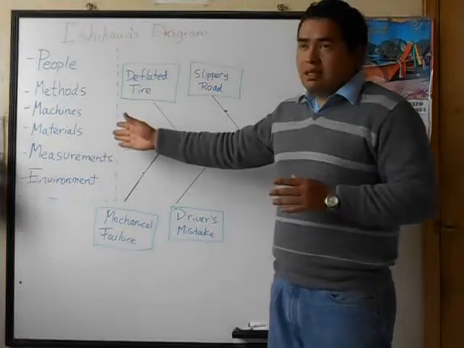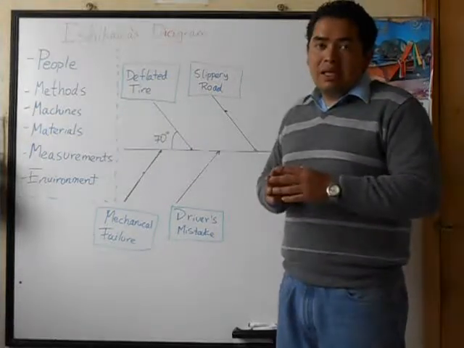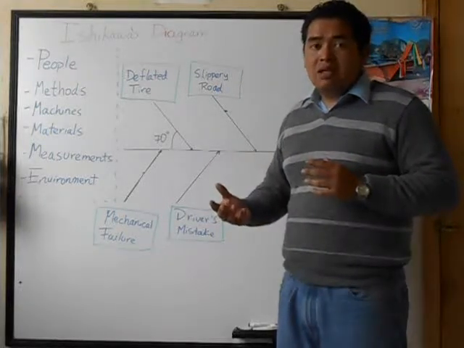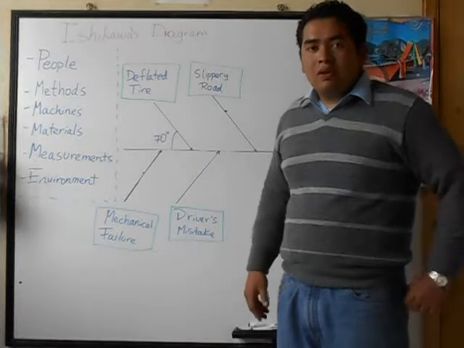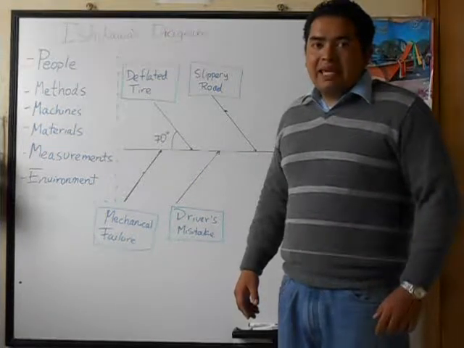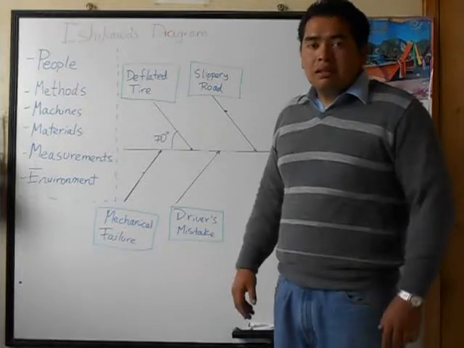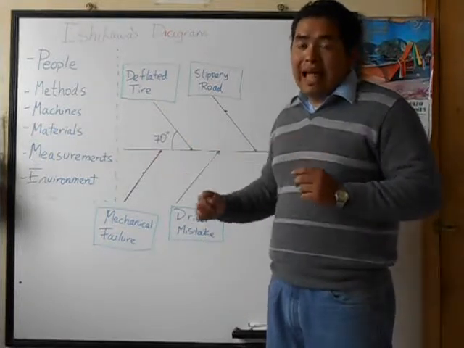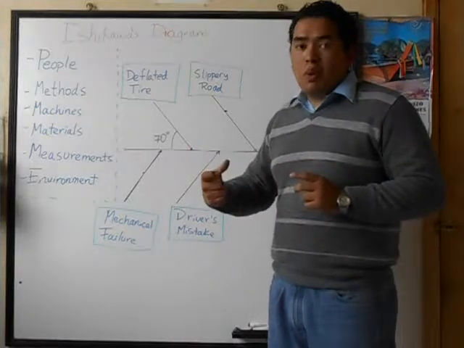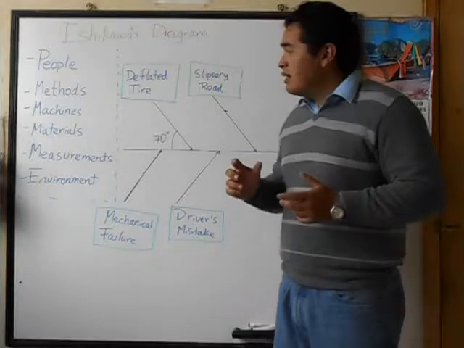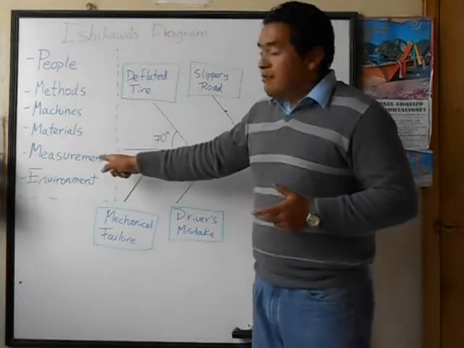Now, the materials. If we are using cheap materials, or materials inadequate for our application, say for example we are using titanium for making cars, it will be expensive and maybe in the welding it will have porous interfaces, etc. Then the measurements.